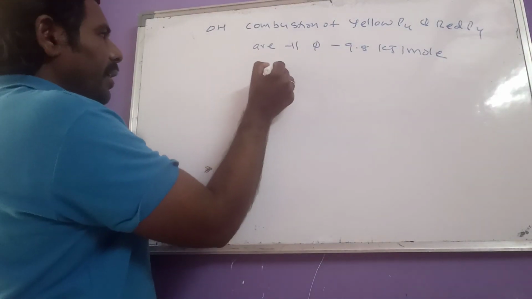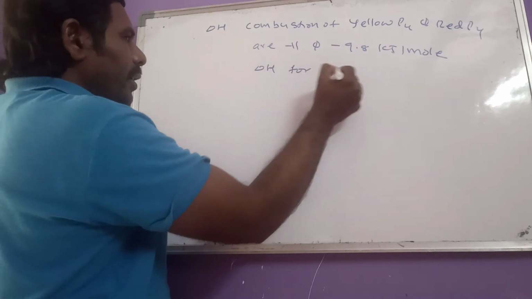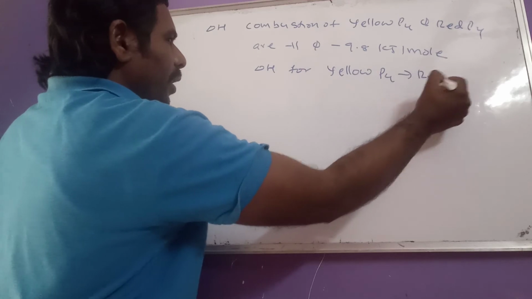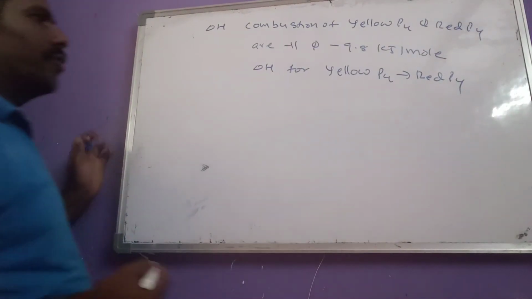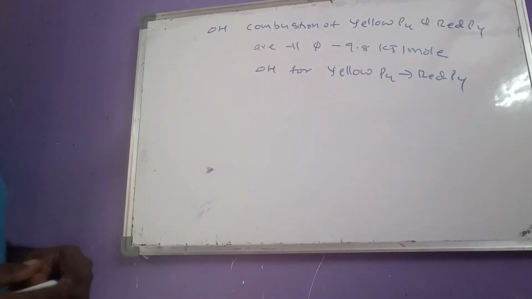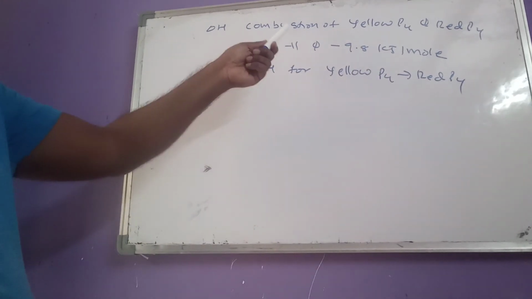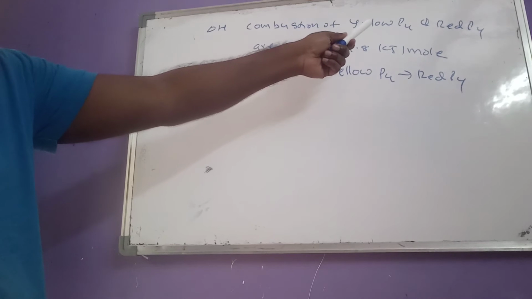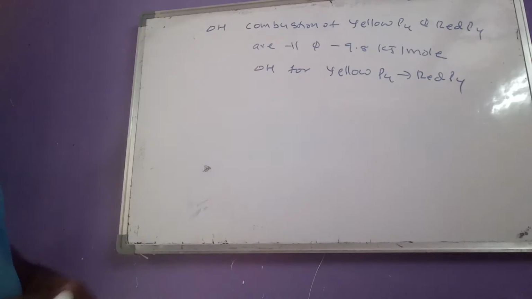Therefore, we have to calculate delta H value for yellow phosphorus gives red phosphorus. So first let us write the heat of combustion expressions for yellow and red phosphorus.